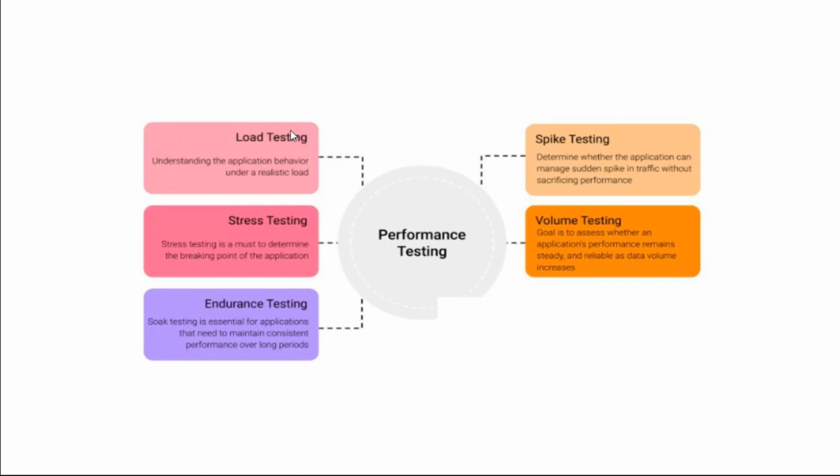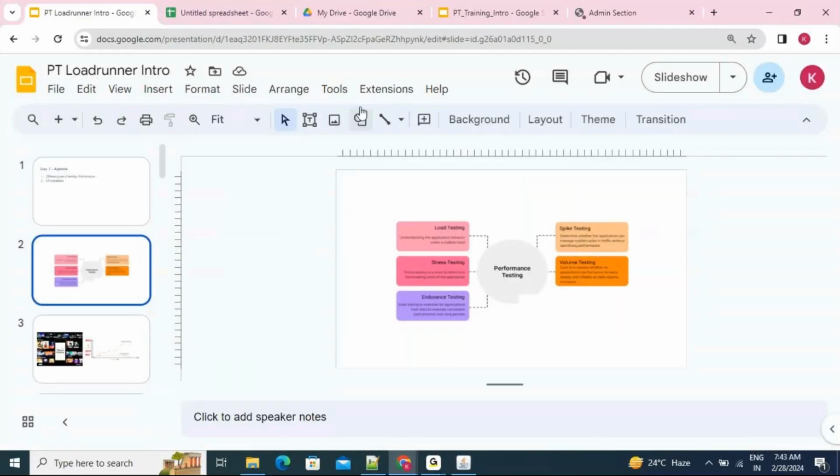That is the minimal thing that Hotstar has to perform. The test will be performed for an hour with the expected load, which is 50,000 users, and we observe the application performance, whether it is performing well or facing any issues or app crashes. All these observations will be monitored.